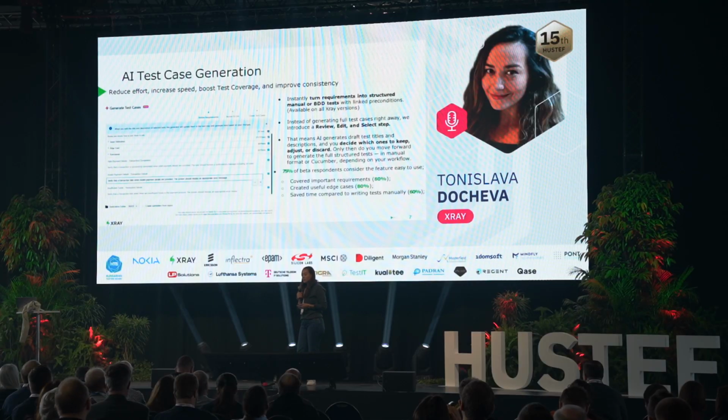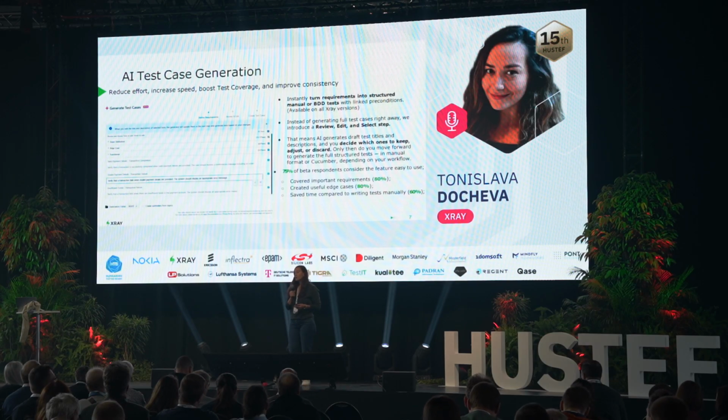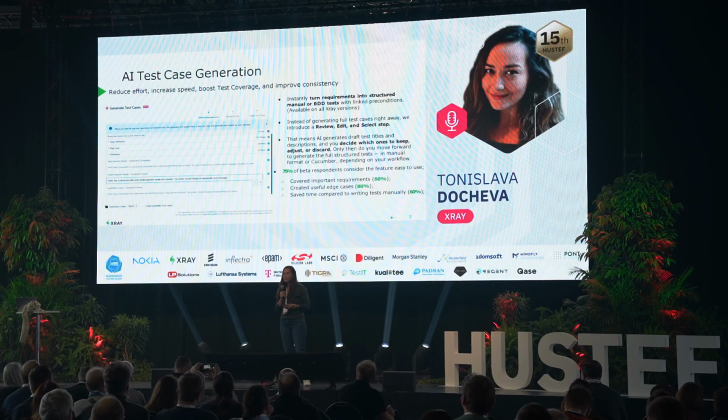And the next step is that you're able to generate full test cases, but the tester always must review, then edit, and select the steps. So that means that the AI generates draft test titles and descriptions, but you as the tester always have to adjust or choose to discard which tests you want to use. And only then can you move forward. So it saves you time, but you are always the ones who have to validate which tests you want to move forward with.